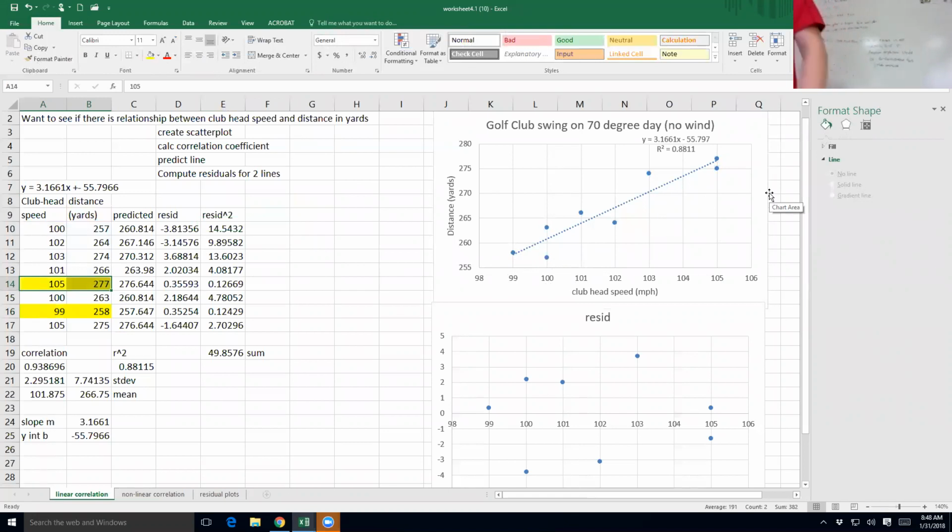The idea here is, if I were to do the same thing, this sum here, 49.8576, is the smallest sum you will ever get. It means it's got the smallest error. If I pick any other method, such as the horizontal method or the orthogonal method, my sum is going to be larger than that.